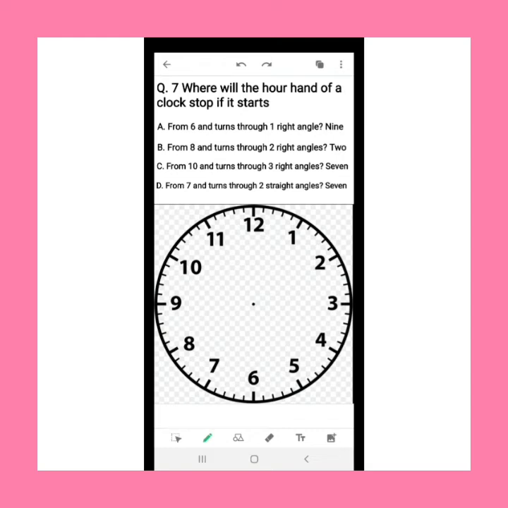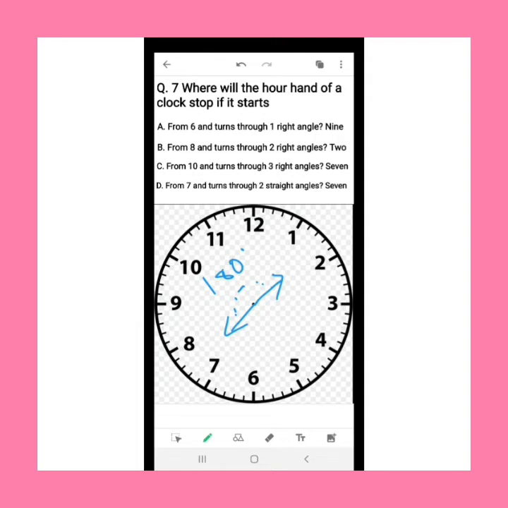It is making a line, either vertical or horizontal. So it is starting from 7 and turns through two straight angles. One straight angle will be opposite to 7, that is 2, and this is one straight angle making an angle of 180 degree.